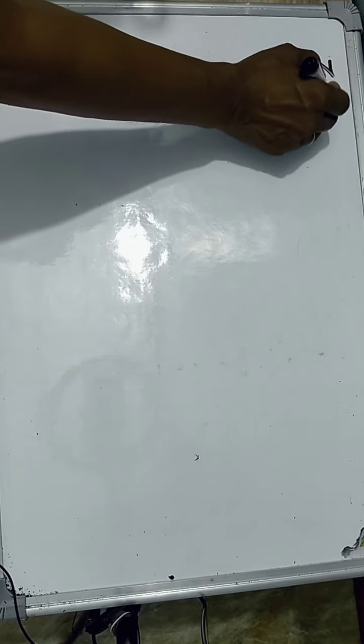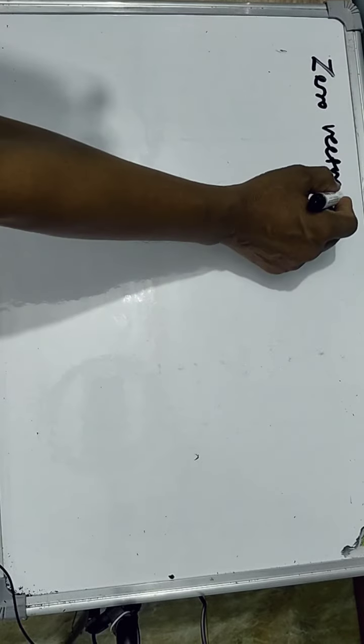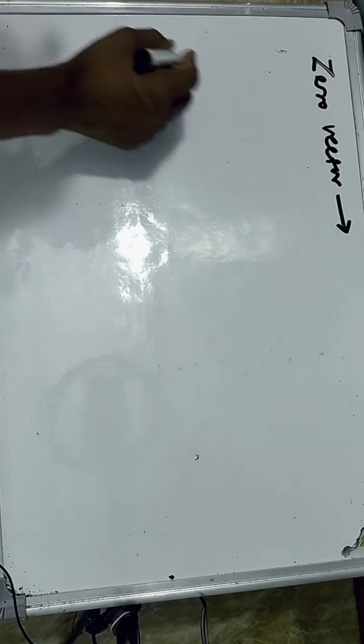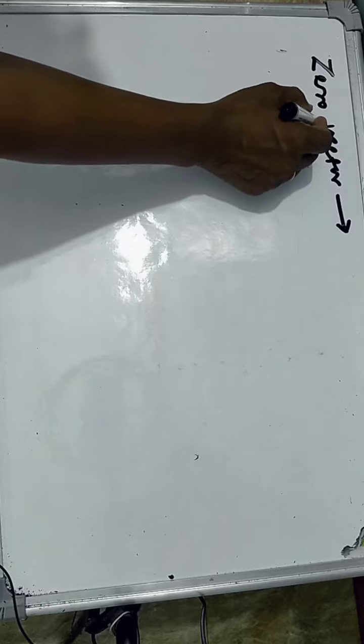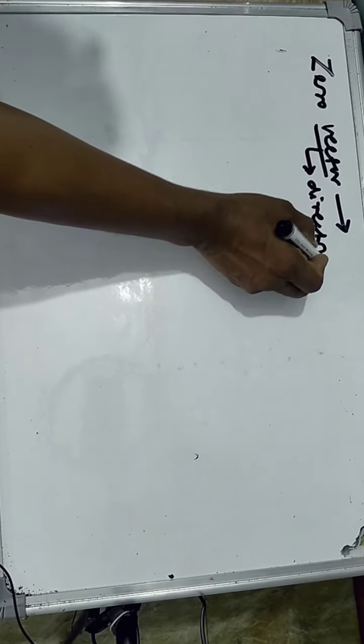Let us discuss what is zero vector and its properties. As it indicates, vector means it has direction.